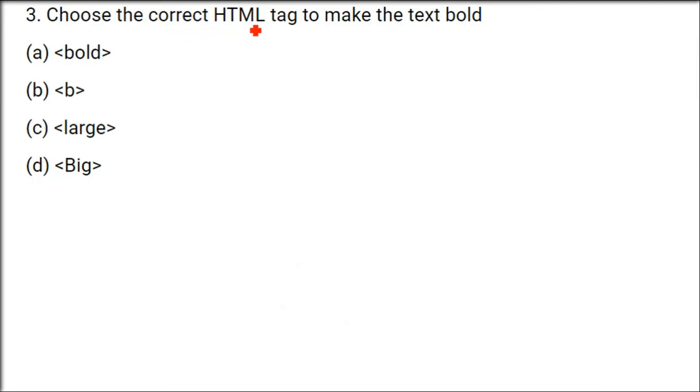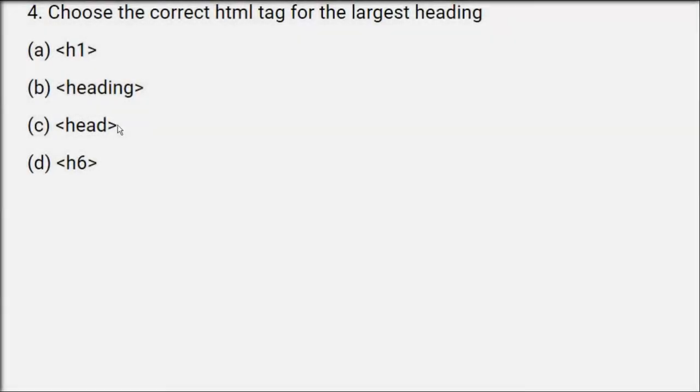Choose the correct HTML tag to make the text bold. So we have seen B has to have an end tag also. Choose the correct HTML tag for largest heading. So H1, it starts with 1, goes up to 6. So H1 is the highest, because whatever content you write inside H1, you have to end this also.